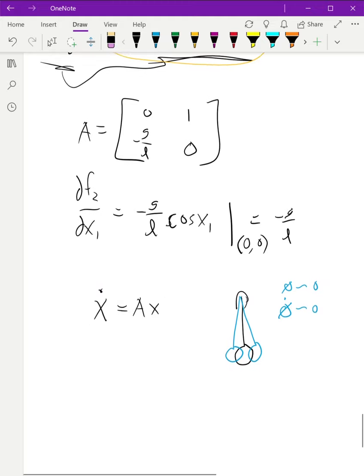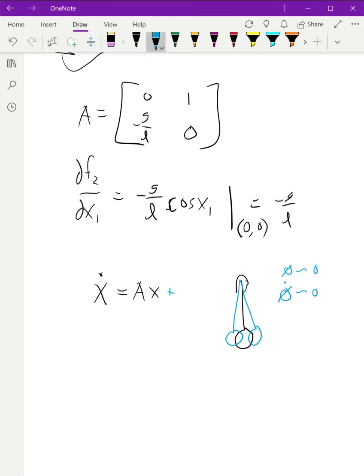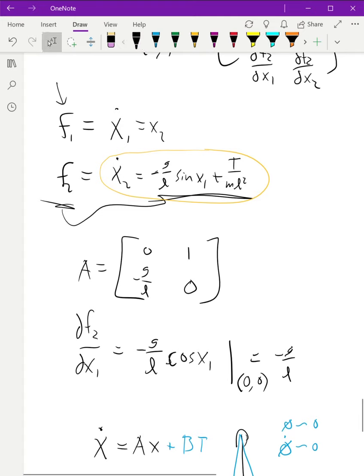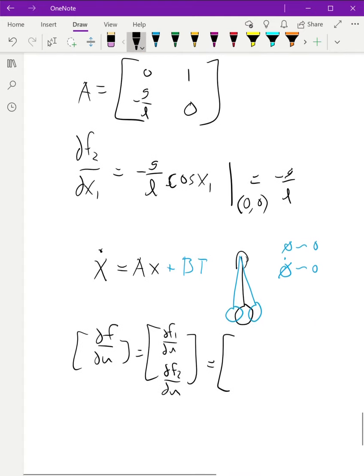But what about B, right? Don't we normally have Bu here? Or I guess in this case it would be BT. Well, to do that, you just do df/du, the partial derivative with respect to u. df1/du, df2/du. For the first one, we note that there's no T here, so this is 0.